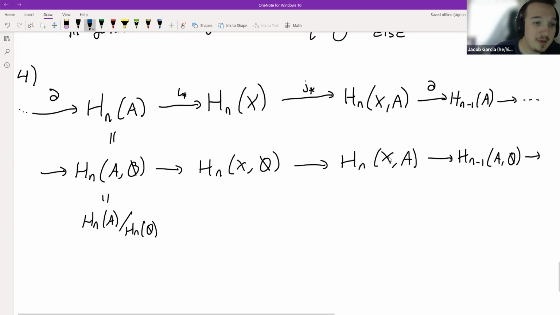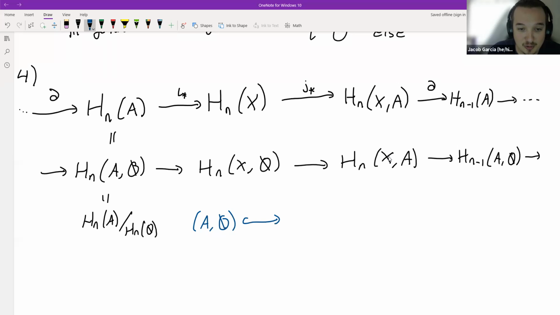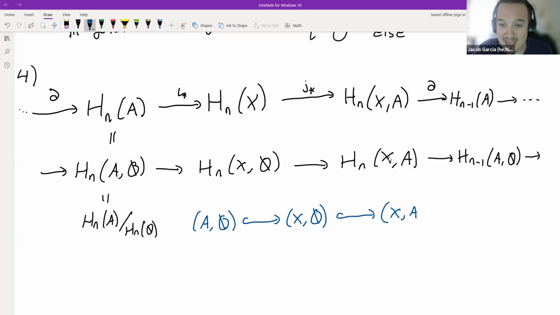But then it makes kind of sense that A comma the empty set includes into X comma the empty set, because A is a subset of X and the empty set is a subset of the empty set. This is just inclusion in each coordinate of the pair. And this includes into X comma A, because X includes into itself and the empty set includes into A. So both of these maps of the long exact sequence are induced by inclusion.